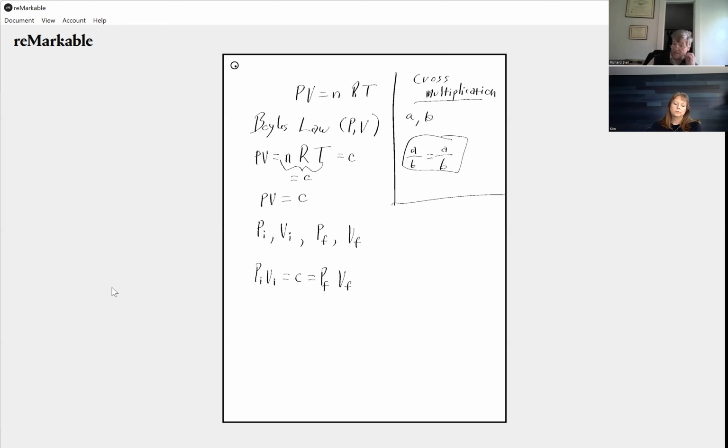And if they're equal to the same constant, we don't need this in our equation. So Boyle's law comes down to this, which we derive straight from the ideal gas law. Initial pressure times initial volume equals final pressure times final volume. Boyle's law.